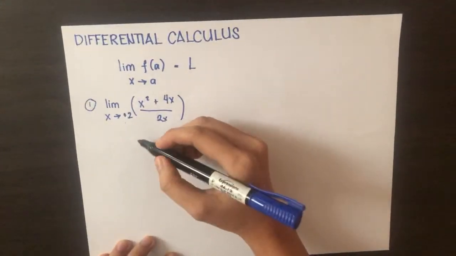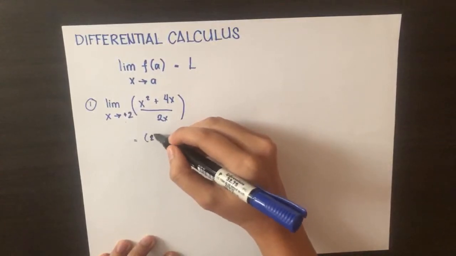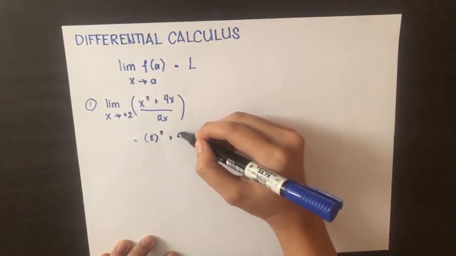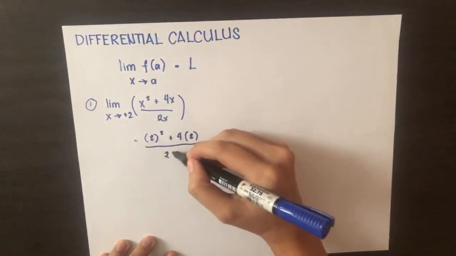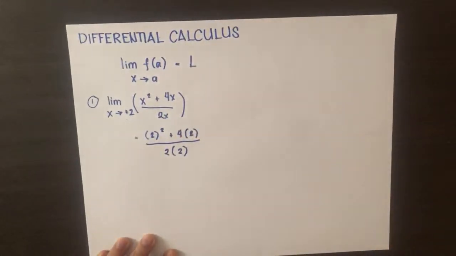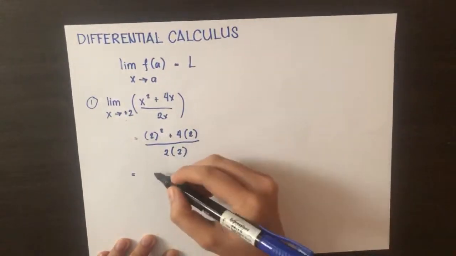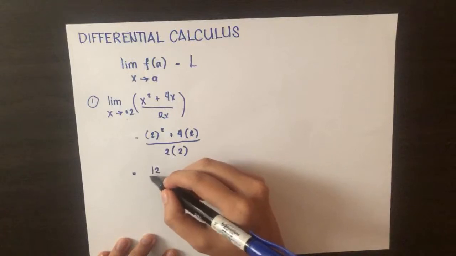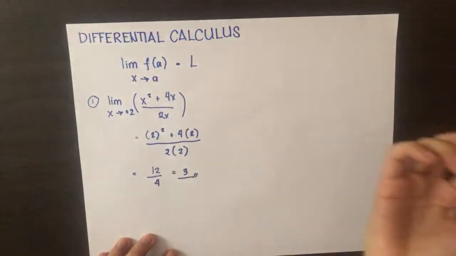So, substituting the value of x, we have 2 squared plus 4 times 2 over 2 times 2. So, simplifying, we have 4 plus 8, 12 over 4. So, it's equal to 3. So, yan yung limit niya.